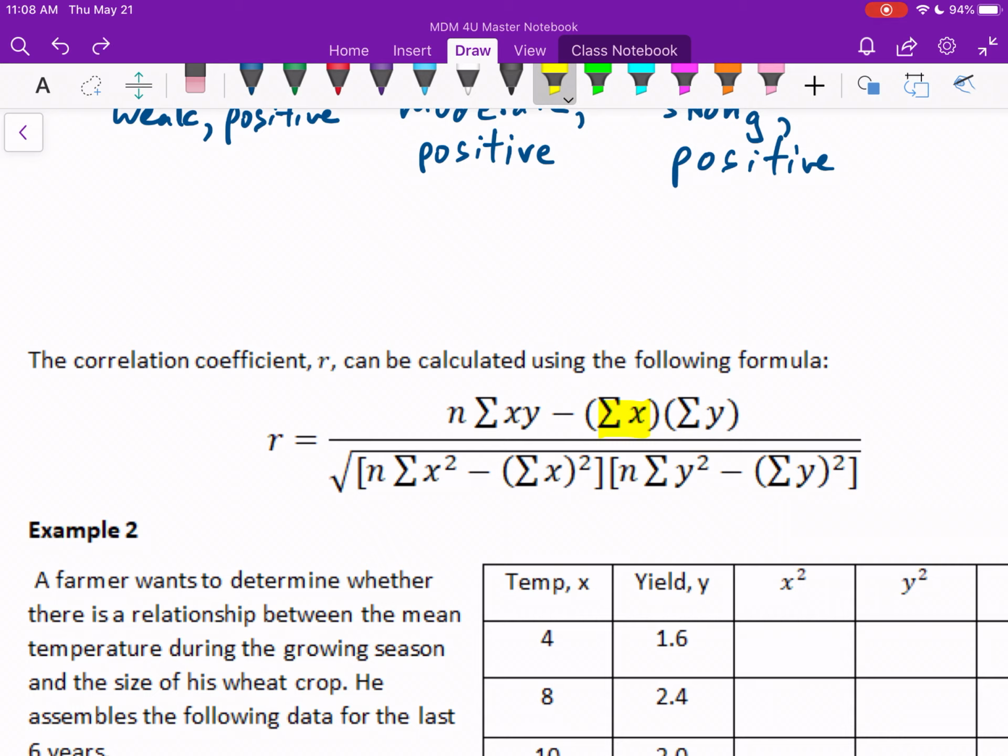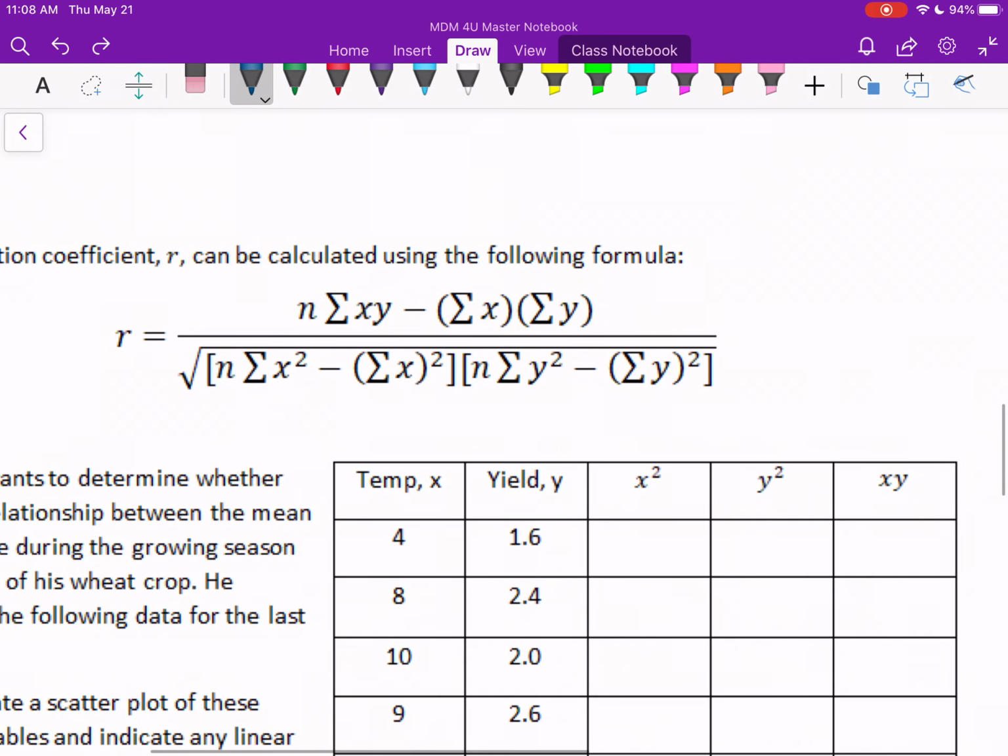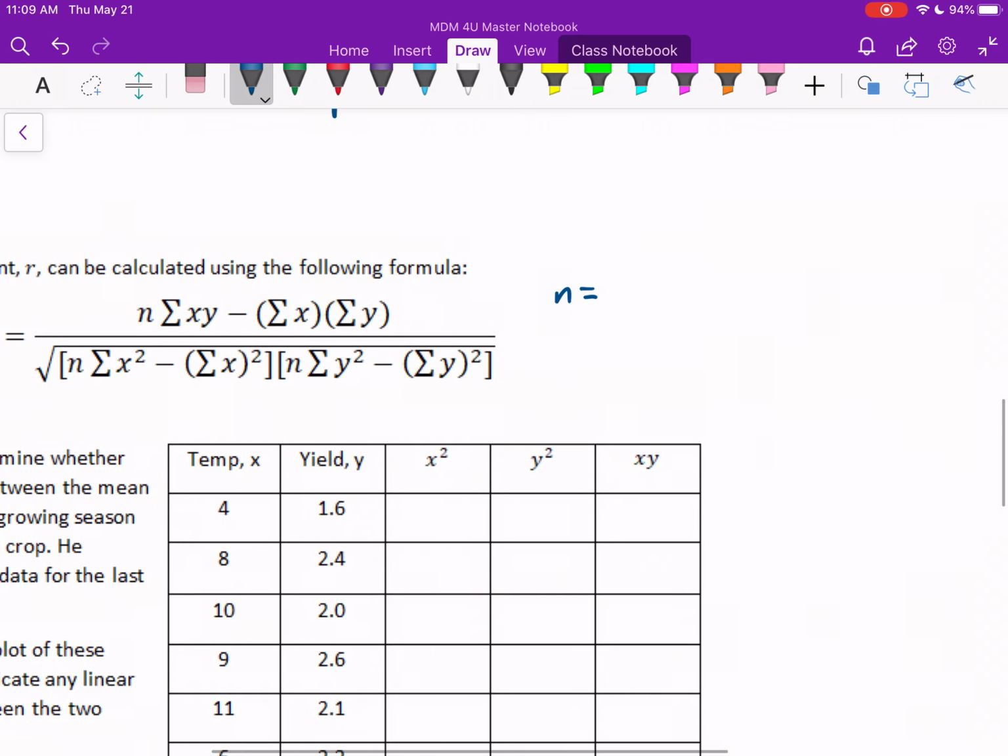And then we've got sigma y, which just means add up all the y values. N, by the way, is simply our number of pieces of data. Might as well identify everything right here.